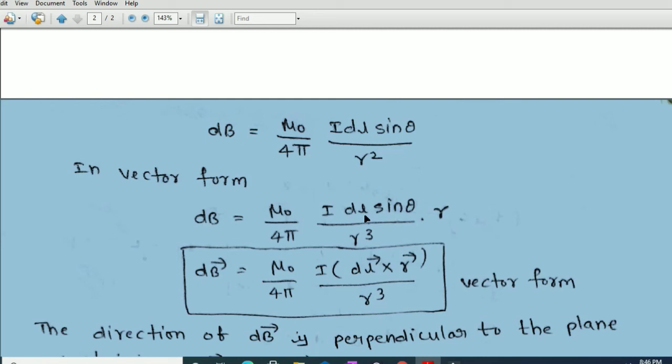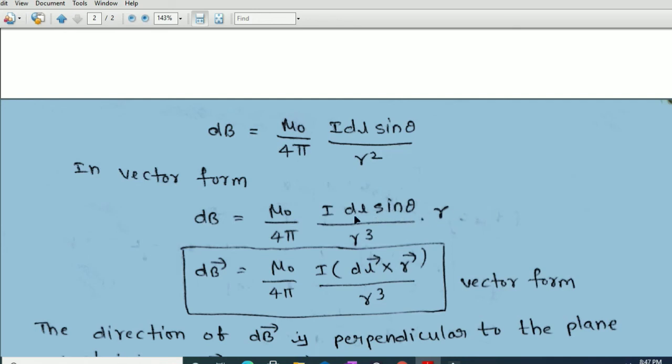Now the magnitude of dl bar is dl, and the magnitude of r bar is r. So dl into r into sin theta can be written as dl bar cross r bar, because the electric current is a scalar quantity, so we take it as a scalar. In the vector product, dl bar cross r bar is dl r sin theta.